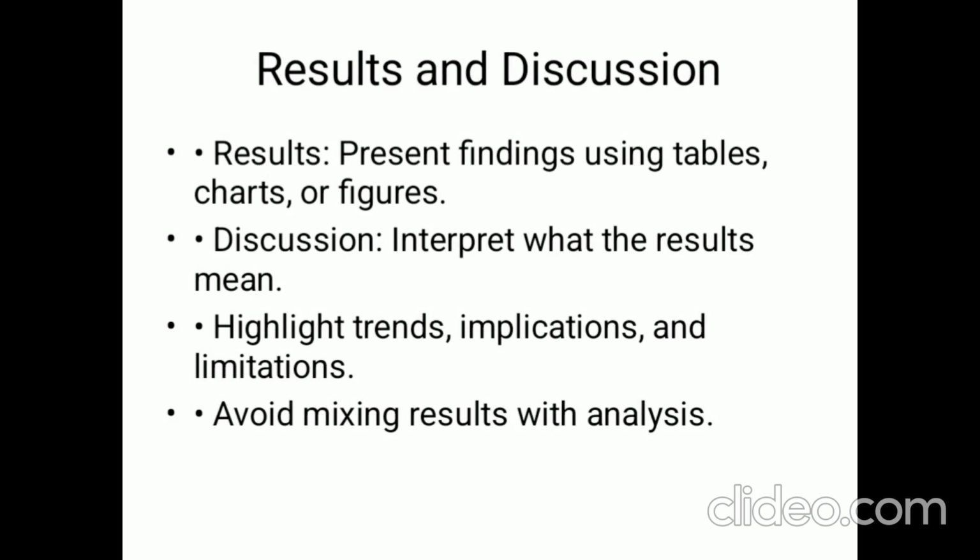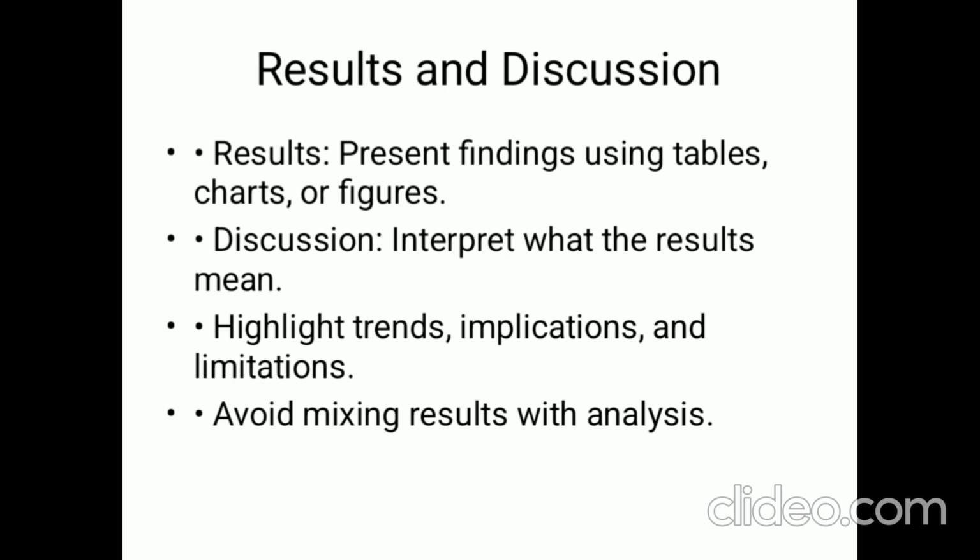Next, we come to the results and discussion portion. The results section presents your findings. You must use tables, graphs, charts, figures to help the reader understand the result that you have produced. It also helps to communicate the data clearly. The discussion section explains what the results mean.